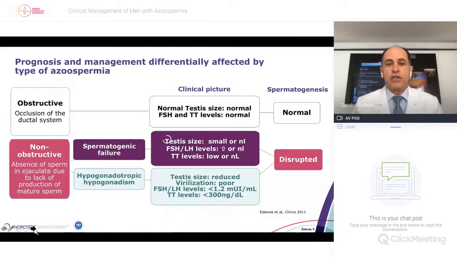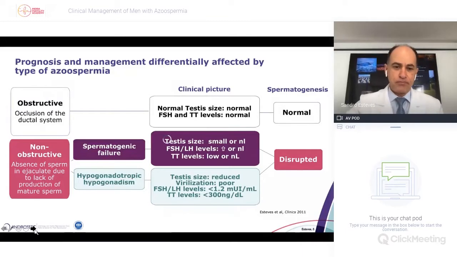This is impossible. It's an untreatable condition. So in that case, what we need to do is try to increase the chances of finding mature sperm in the testicle by sperm retrieval and then use it for ICSI.